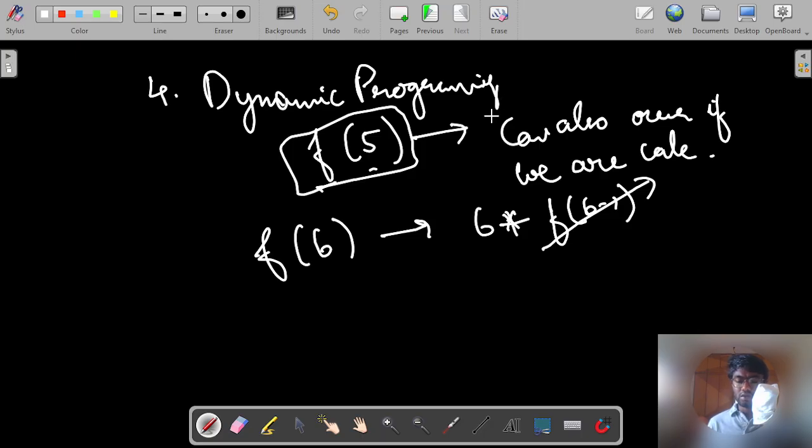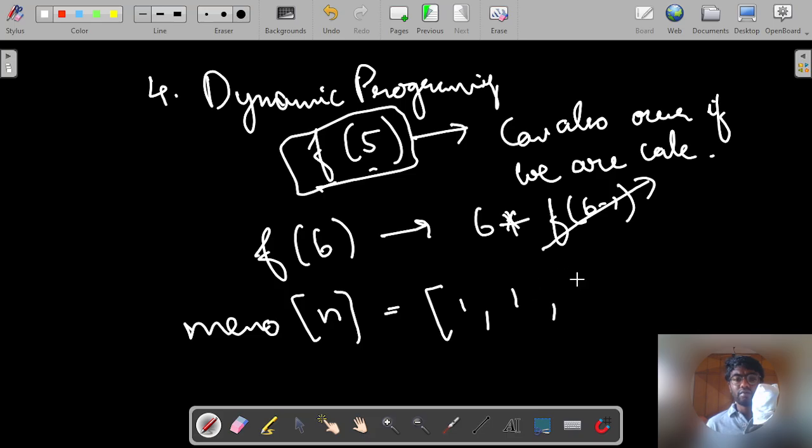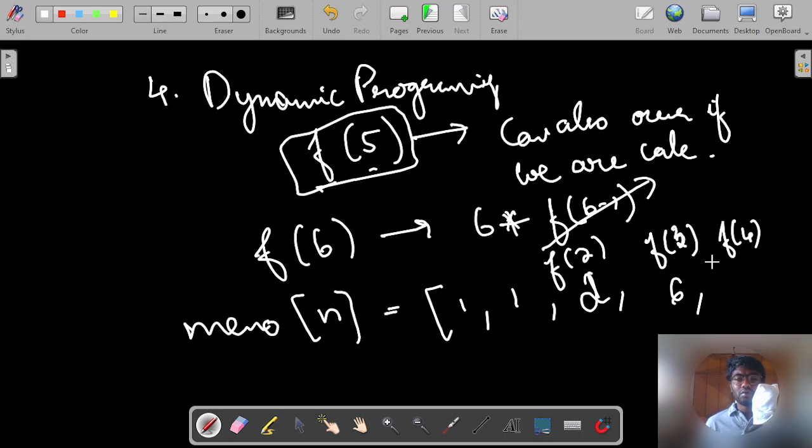So for example, we can have a memory array of n, and we can say f of 0 is 1, f of 1 is 1, f of 2 is 2, f of 3 is 3 into 2, which is 6, f of 4 is 4 into 6, which is 24, f of 5 is 120, something like this, right?